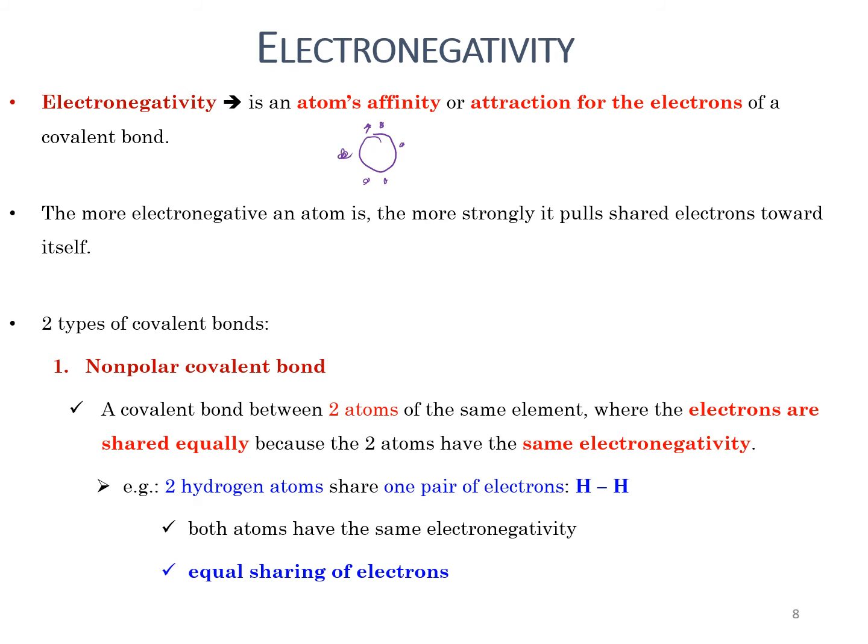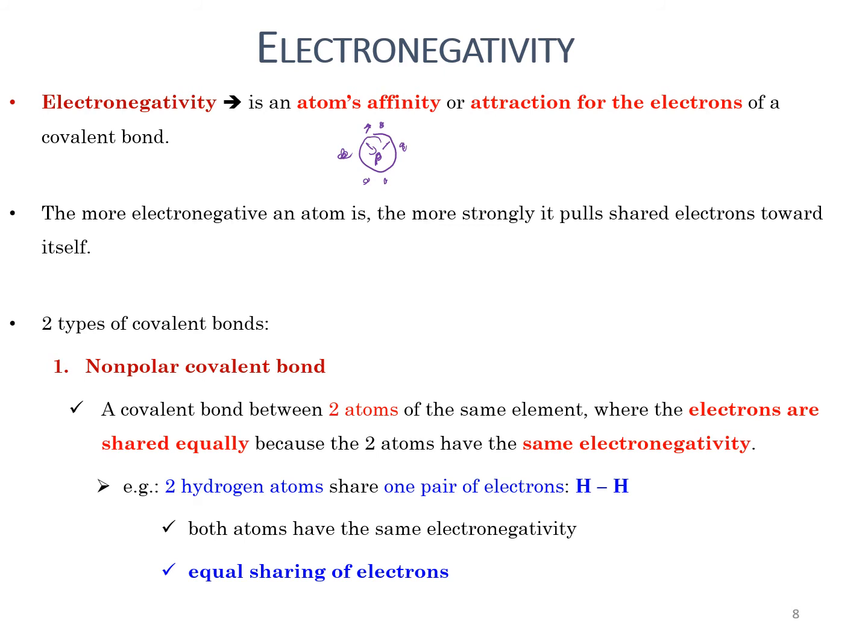It means that the electrons of the oxygen atom will be attracted more to the proton at the center, because the more electrons the atom has, the more electronegative the atom is.